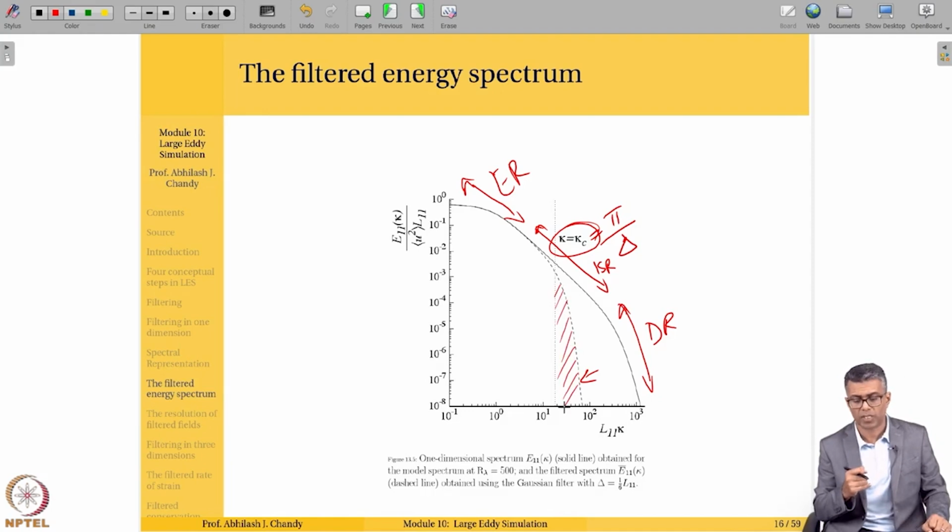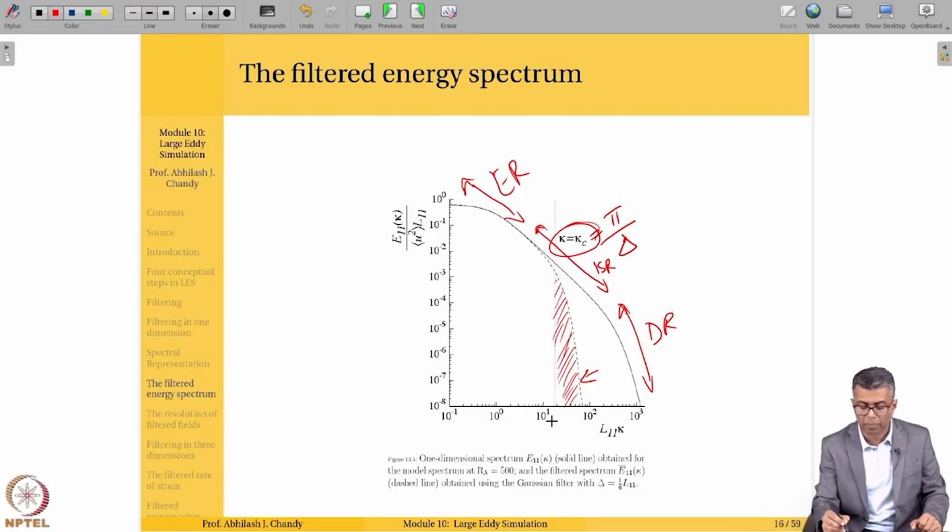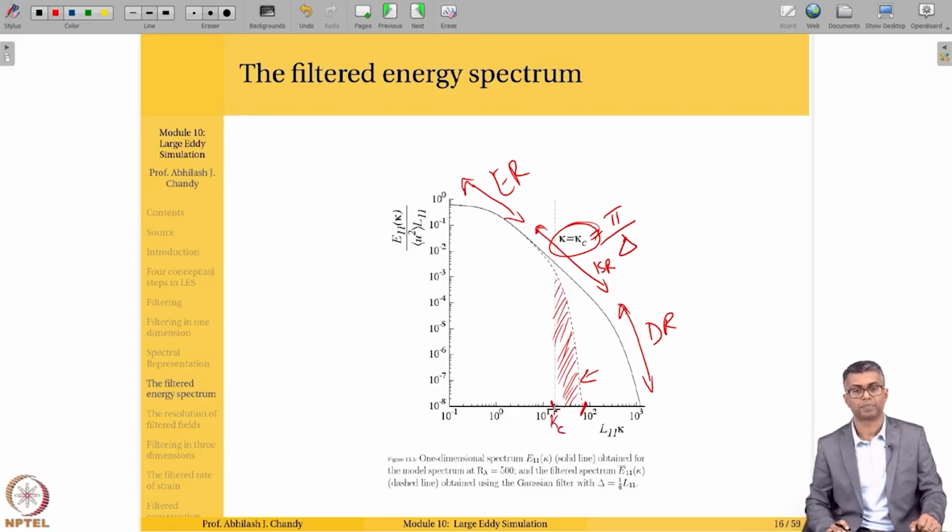Why is it tailing off? It takes a while to actually drop off, and in the process you end up getting energy in these ranges. If it is destroying all the wave numbers after kappa c, why are we getting energy levels even at wave numbers between kappa c and whatever this wave number is?